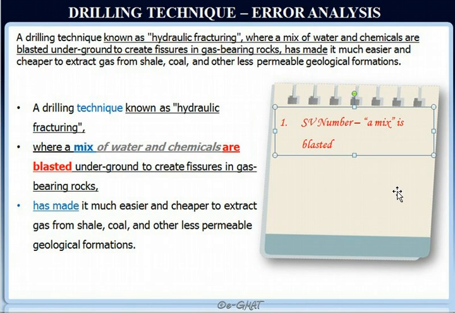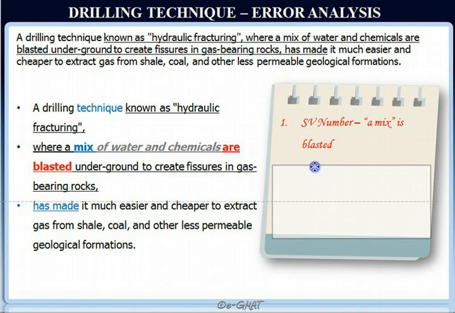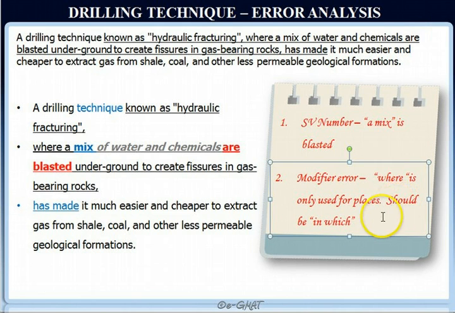Now let's move on to our pronoun analysis. Where is the pronoun, and where is used as a modifier or is used to refer to places. Now here we don't see any place. It's a drilling technique which is known as hydraulic fracturing, so there is no place here. So we have a pronoun or a modifier error, whatever you may like to call it, where should be replaced with in which.